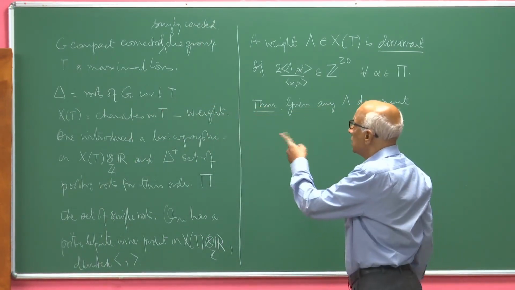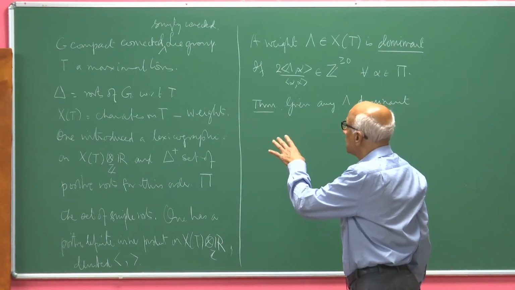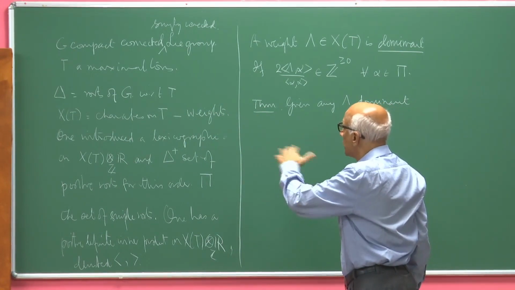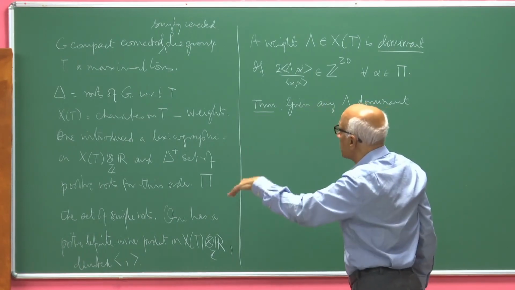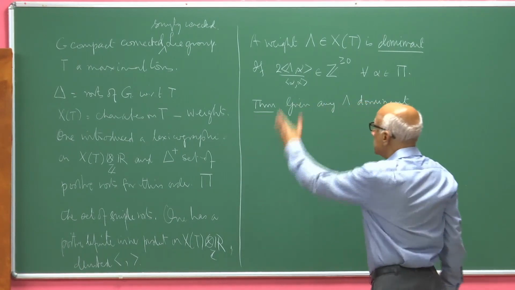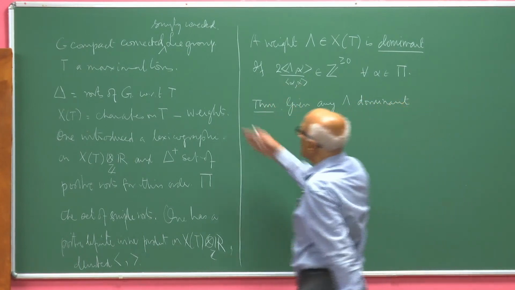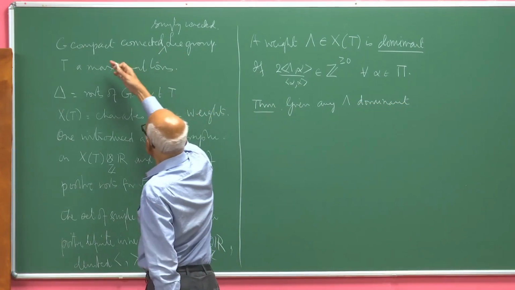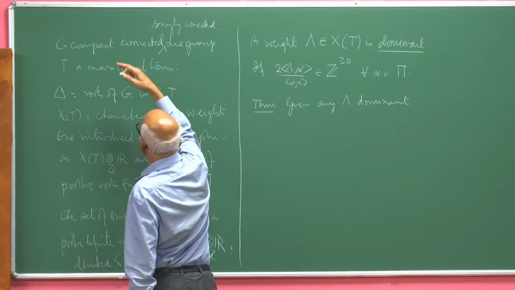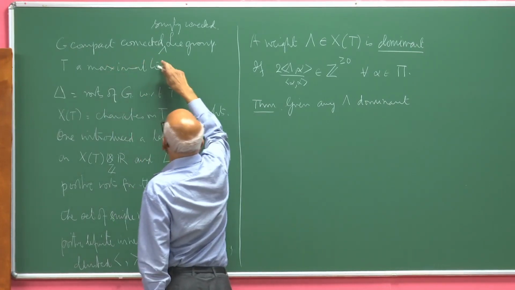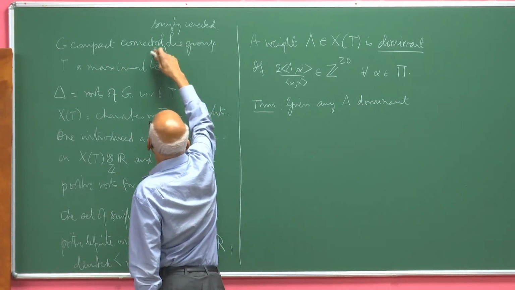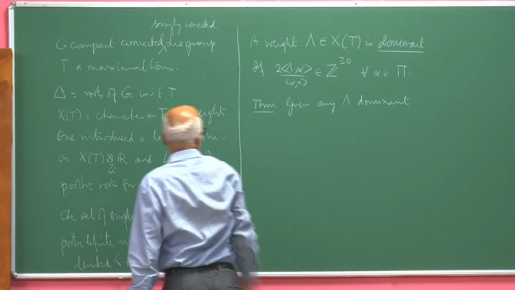We know that for any compact connected semi-simple Lie group, the universal covering is automatically compact. If I say compact connected group, I want it to be also simply connected, then it automatically means it is semi-simple.